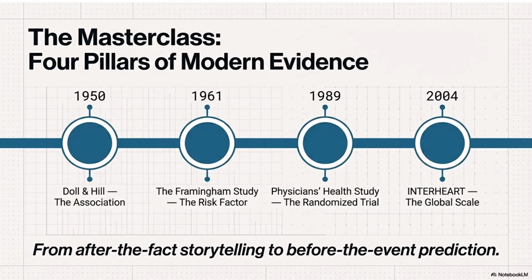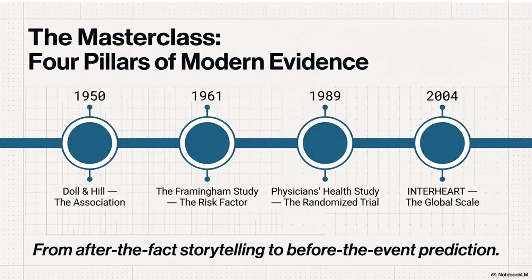That is basically medicine learning to predict future disease. Then we've got the Physicians' Health Study, where randomization moved us from observation to experimental evidence in humans. And finally, the INTERHEART study in 2004, which asked a massive global question. Do cardiovascular risk factors behave similarly across countries, cultures, and continents?